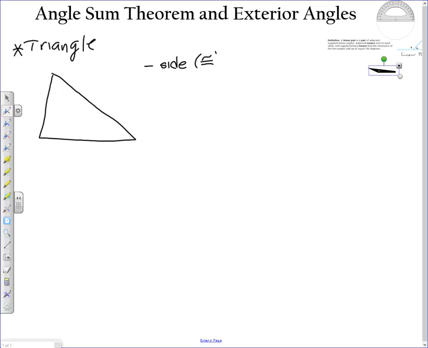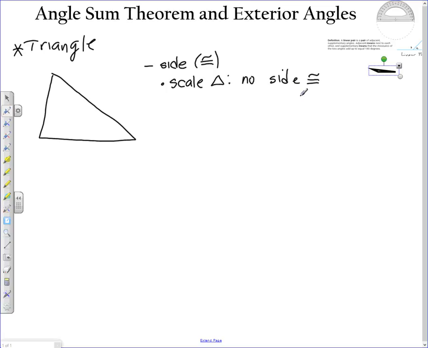What you're going to see is something called a scalene triangle. A scalene triangle is a triangle where no sides are congruent. Every side has a different measurement, so none of them will be exactly the same. So that is a scalene triangle.